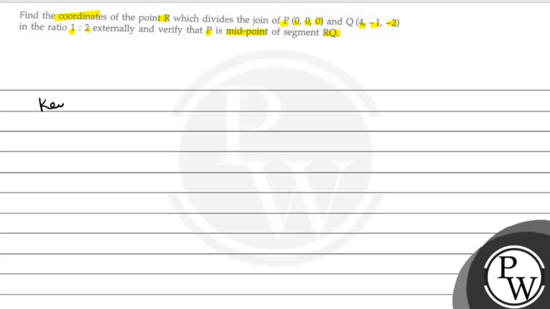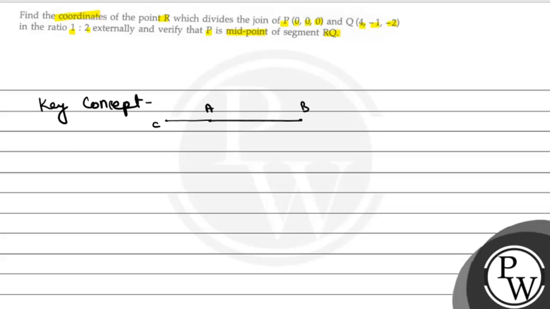So the key concept for this question is, let's say that is point A and that is point B. Let C be an external point which divides line AB in the ratio m:n.